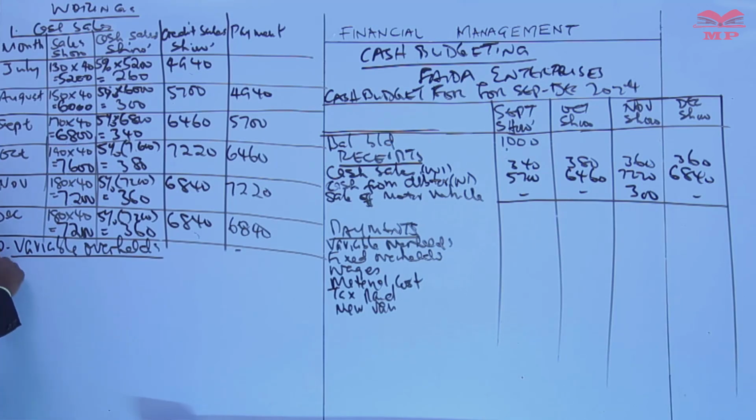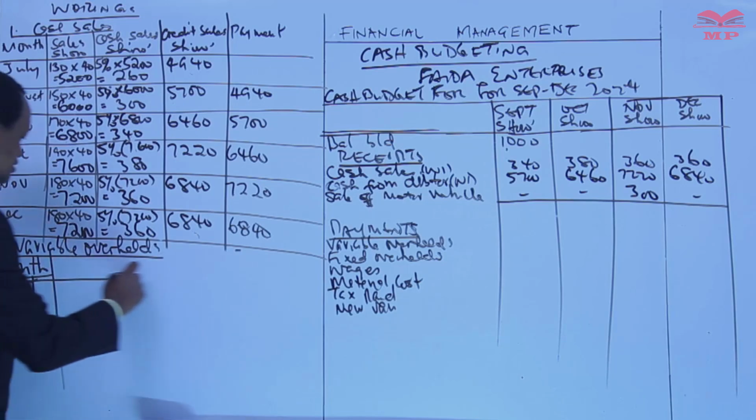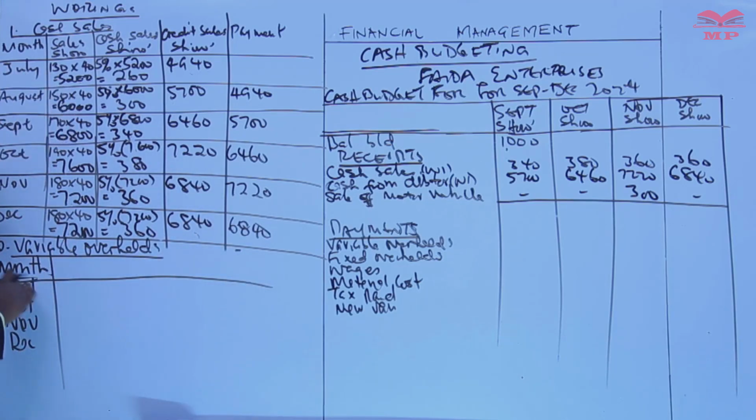You have a column there for months. We are given the variable cost, so we'll calculate the 6 shillings per unit times the number of units.